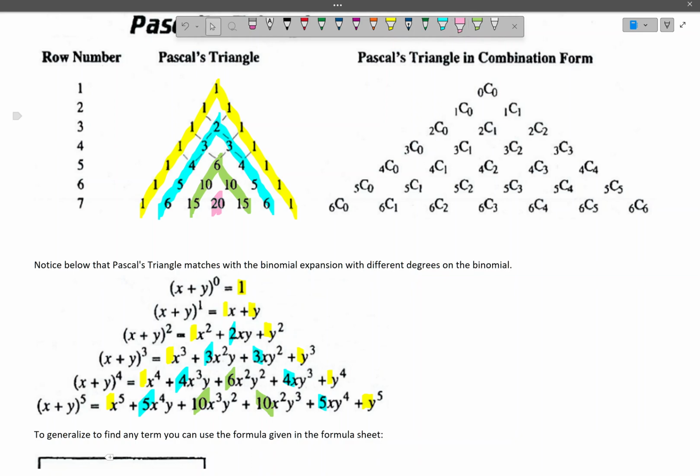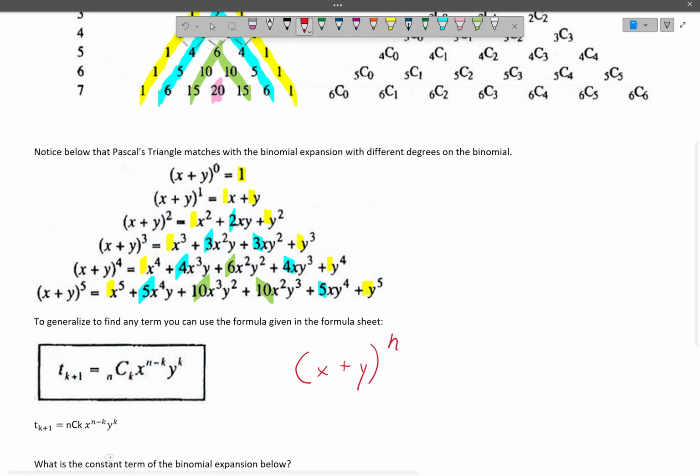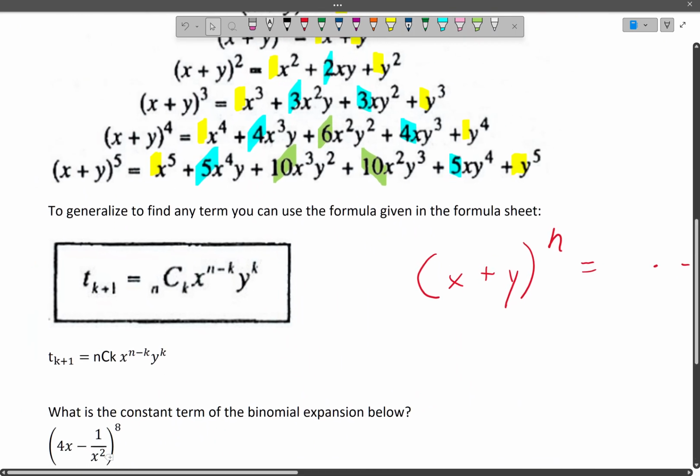And so binomial theorem uses this idea of Pascal's triangle and uses this idea of x plus y to the exponent. Normally, I'll say n or whatever, and then it expands into whatever it expands into. Okay? And so what we can do is use that idea and this formula here.